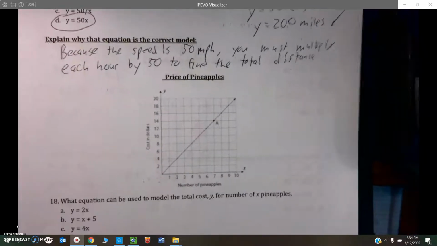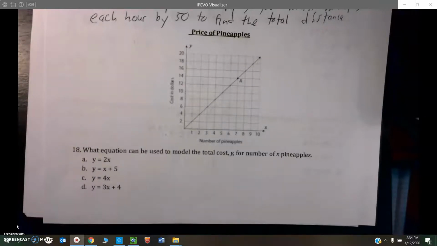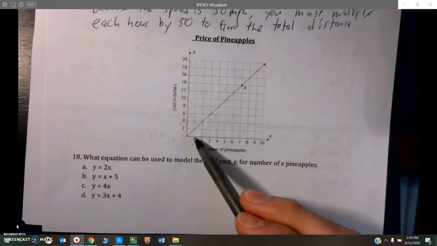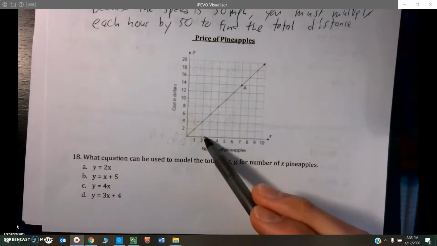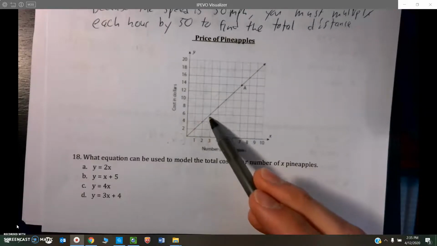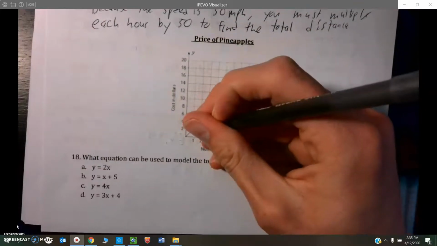And the final problem, similar, price of pineapples. So we need to find an equation that will work here. So, number of pineapples. 1 pineapple costs $2. 2 pineapples costs $4. 3 pineapples costs $6. Now let's mark a couple points there.